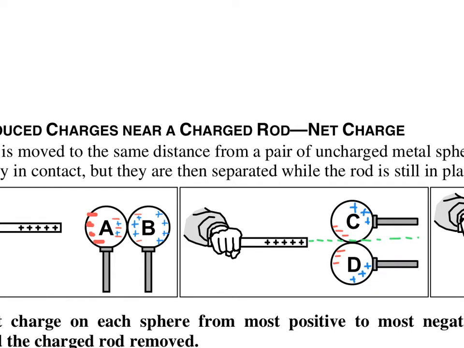Initially they were equal charge, 0. Net charge is 0. But if I separate them after the induction, that changed the charge distribution, not the net charge for the two spheres, but the charge distribution. Now I'd have 1 plus, 1 minus. So in the left and right hand sides, the AB and the EF conditions, if I were to separate those spheres, now they have different charges, different net charges individually.